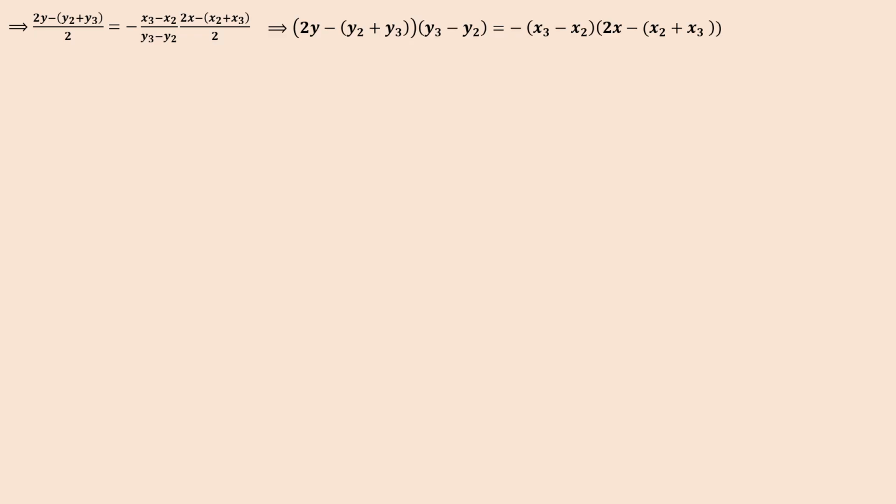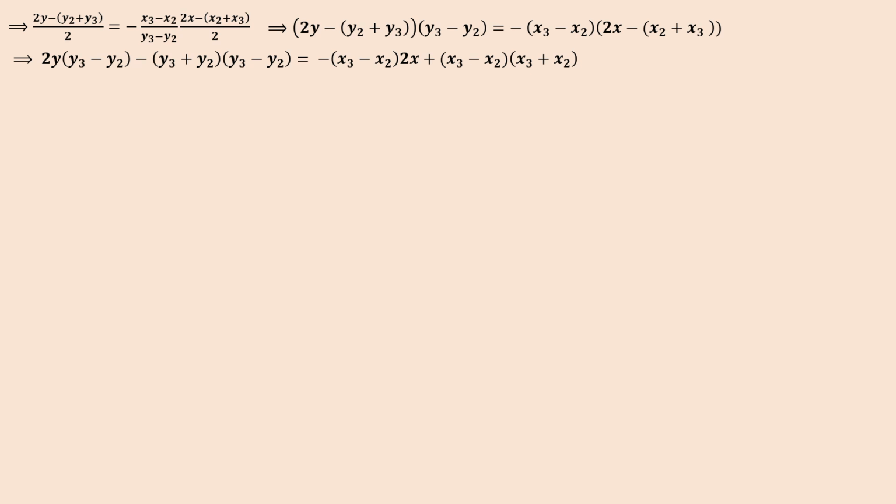Since y3 minus y2 is in the denominator on the right hand side, just cross multiply. You will get (2y minus (y2 plus y3)) into (y3 minus y2) equal to minus (x3 minus x2) into (2x minus (x2 plus x3)). Now we write the x term, y term and constant term.